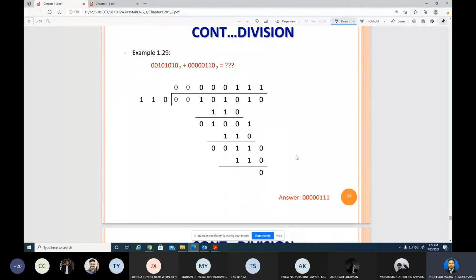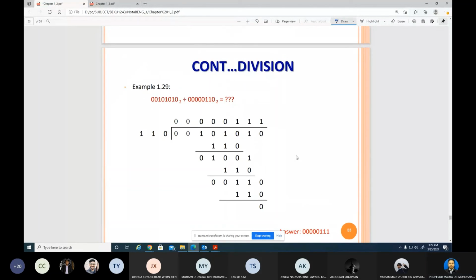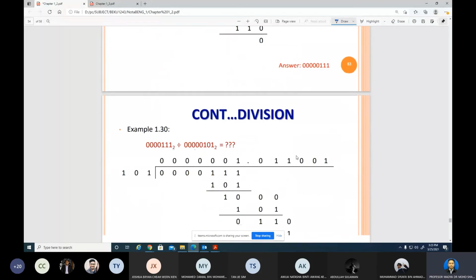So this one you can try. For example, 00101010 divided by 110. This is the answer, so you can check the answer. After this you should try how to do division using binary numbers.